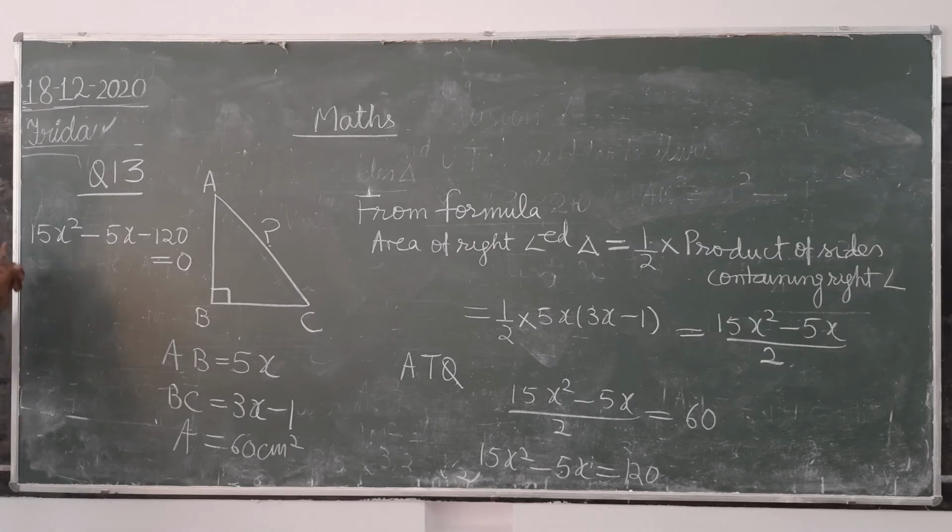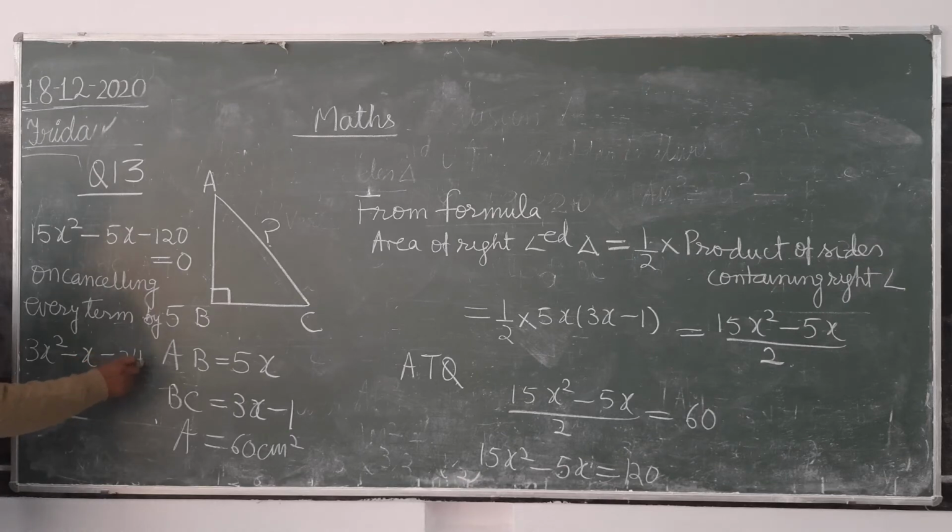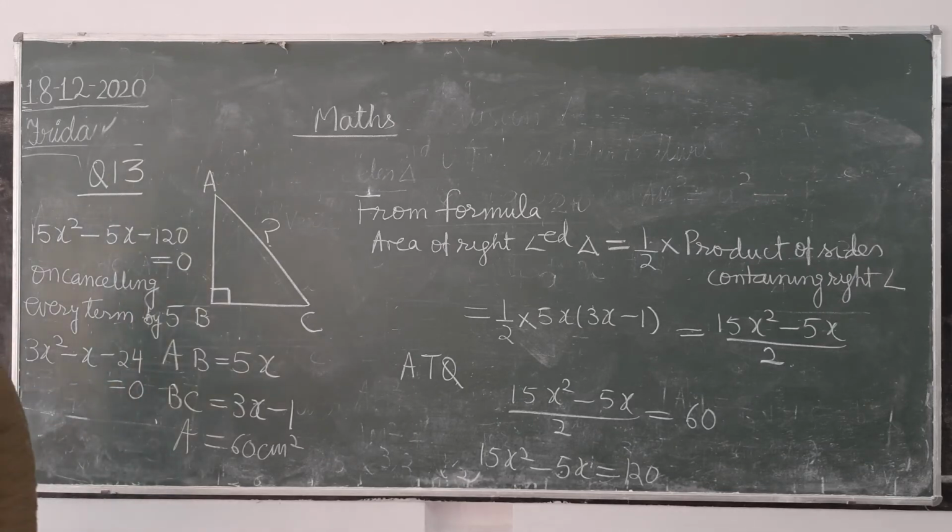So on cancelling every term by 5, it will be 3x square minus x minus 24 equals to 0. You note down this equation that we have got.